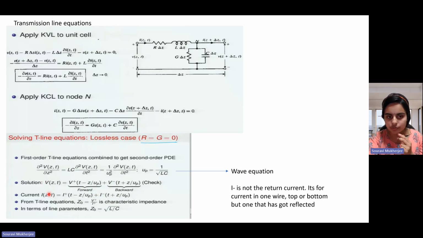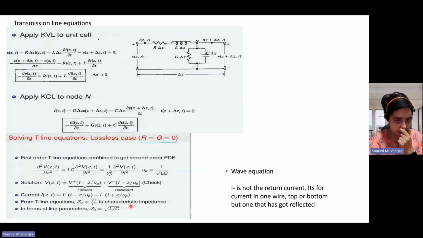And similarly, you can go from voltage to current, taking into account the impedance that is there in your circuit. So what is Z naught? That is the impedance, which is the ratio of V to I. In terms of line parameters, this is important: Z naught is given as root over L by C. So this is the characteristic impedance of your circuit.